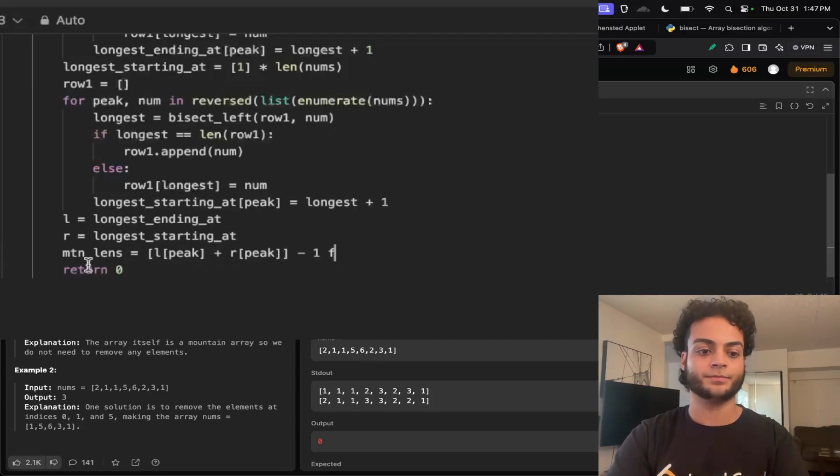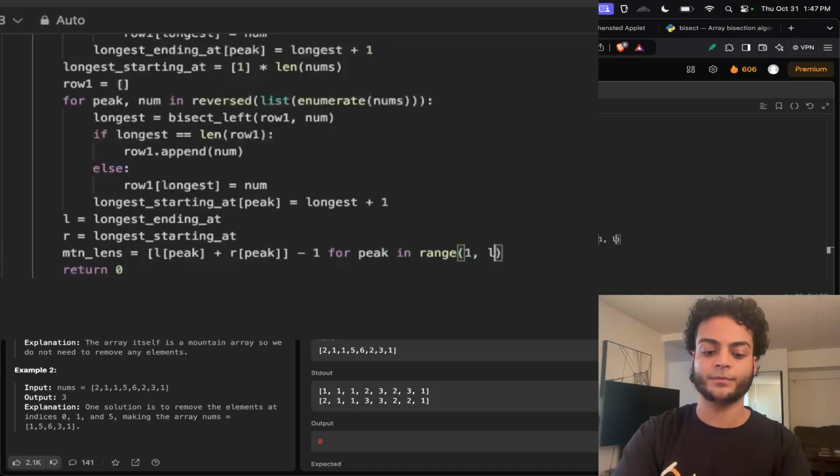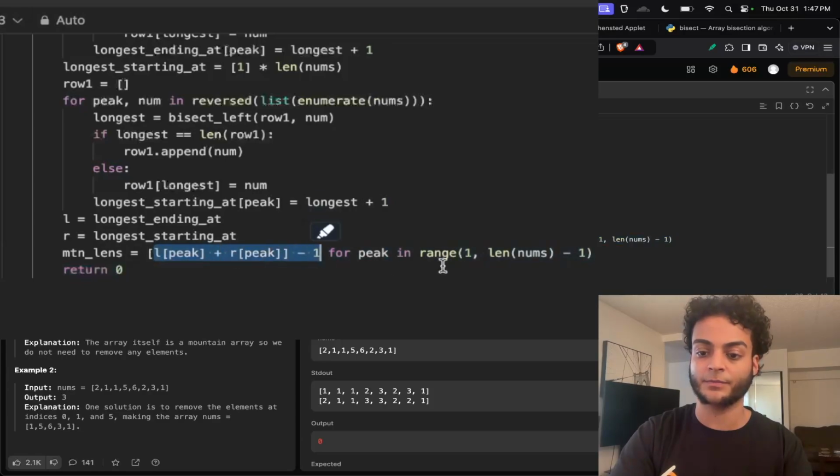And also, let's make sure we don't forget our definition. So we have for peak in range, it has to be strictly greater than 0 and less than length of nums minus 1. So 1, length of nums minus 1. And this length has to actually exceed 3.